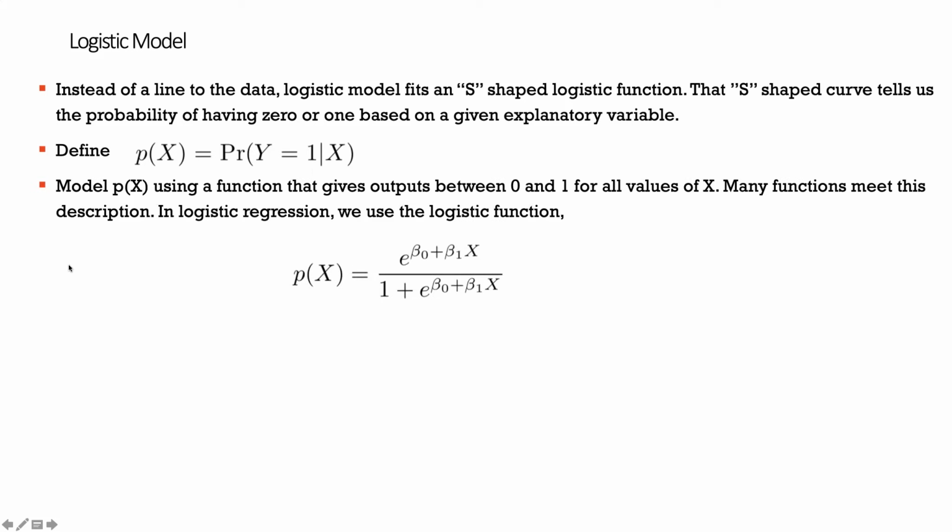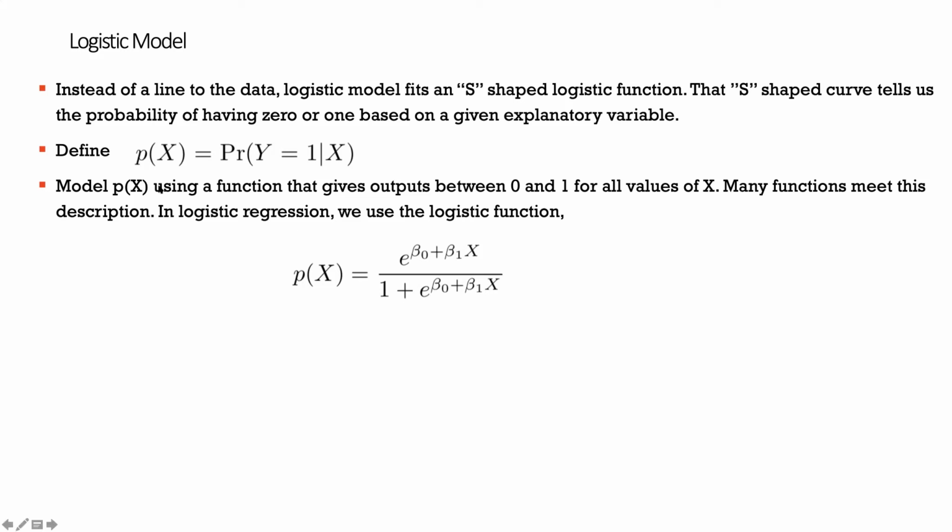And if you try to model p(x) using a function that gives outputs between 0 and 1 for all your values of x, many functions meet this description. You have the logit function, sigmoid functions, and you have heard of lots of kernel functions even, and they are able to give outputs between 0 and 1.